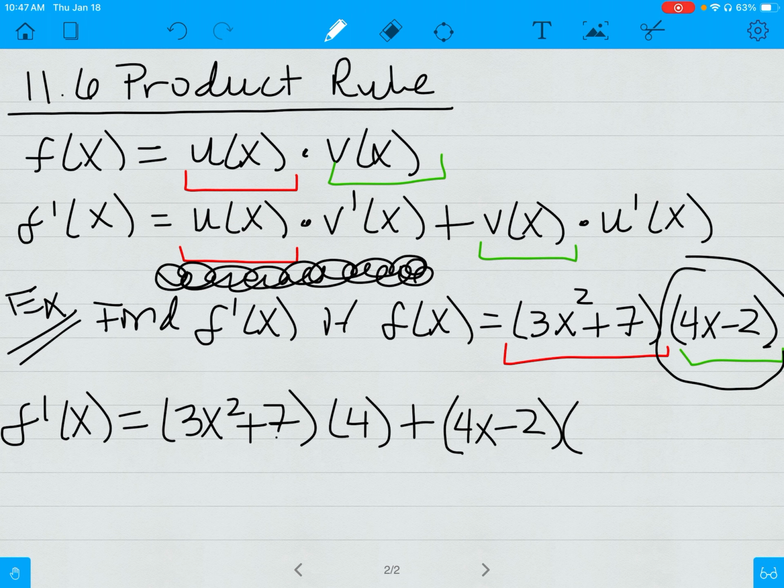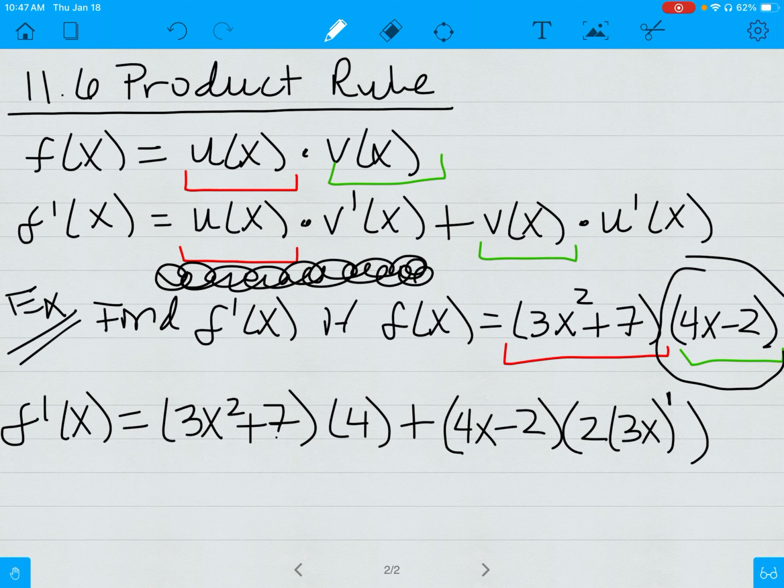And in this case, our first function, 3x squared plus 7, if I find the derivative of that, the first term, since it is a polynomial term, I would bring the 2 down front times the 3x. I would subtract 1 from the exponent, but that's just going to give me a 1 there. So 2 times 3x. And then plus 7, when I take the derivative of that, because it's a derivative of a constant, that just turns into 0.